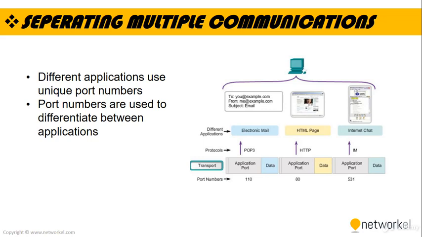In computer networking, port numbers are part of addressing information used to identify the senders and receivers of messages. Port numbers allow different applications on the same computer to share network resources simultaneously.